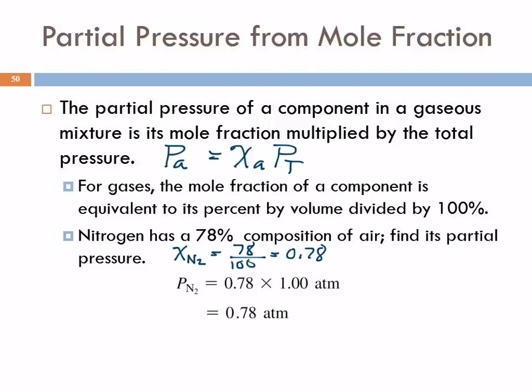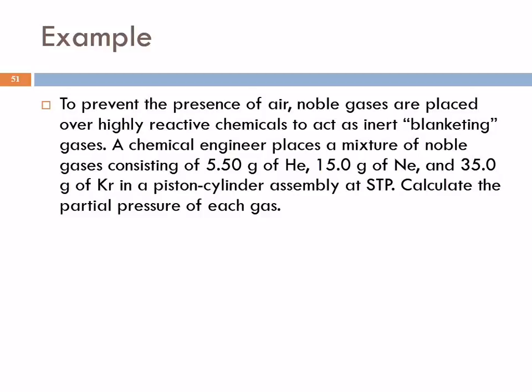Let's do an example. To prevent the presence of air, noble gases are placed over highly reactive chemicals to act as inert blanketing gases. Highly reactive chemicals will react with things in the air. And so you can't just put them in a bottle and close the lid, because just the air inside the bottle will cause them to react.